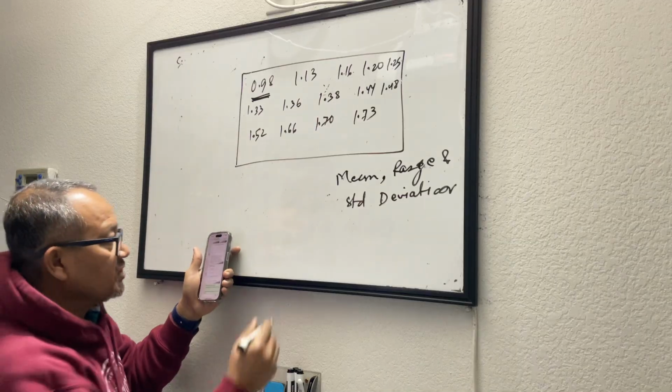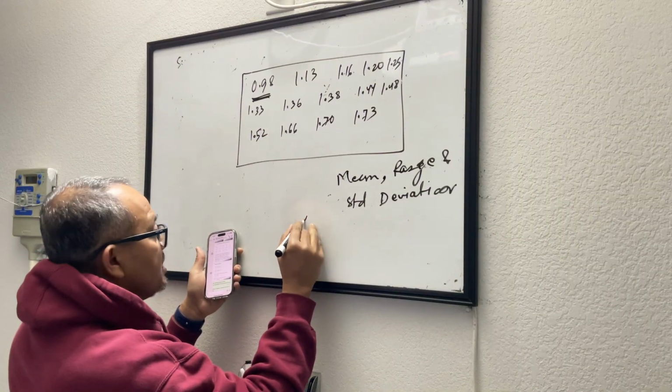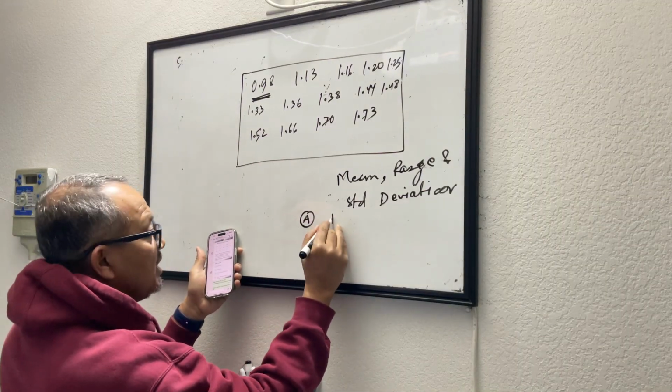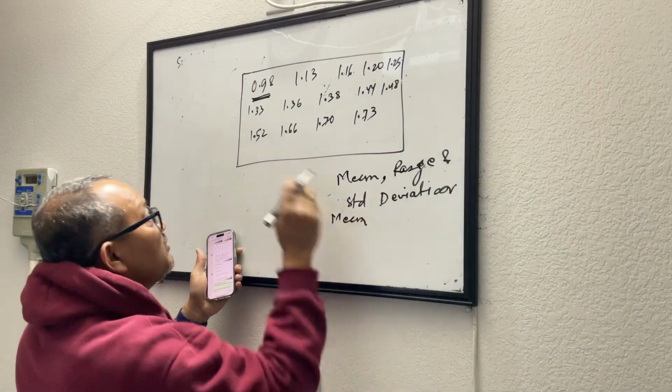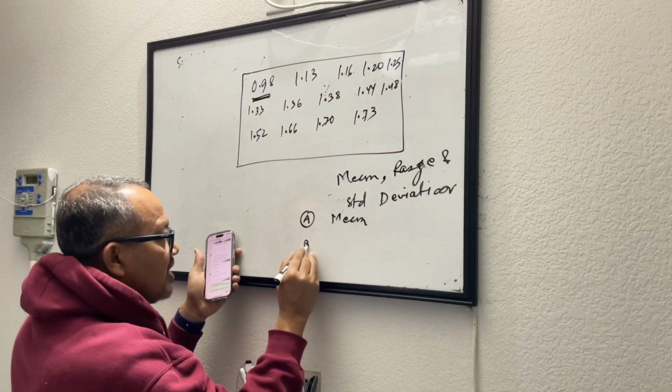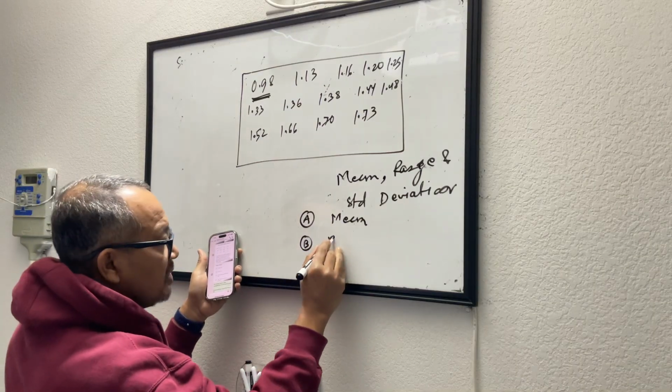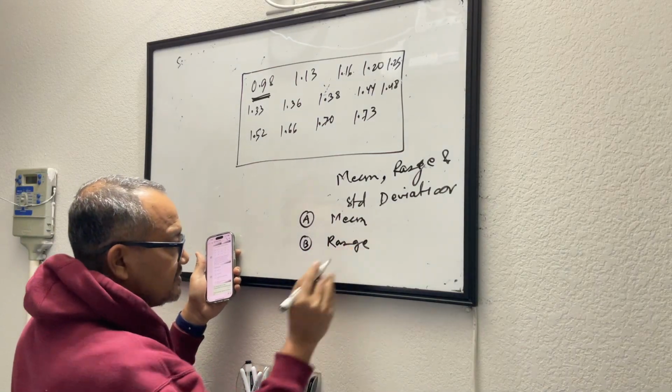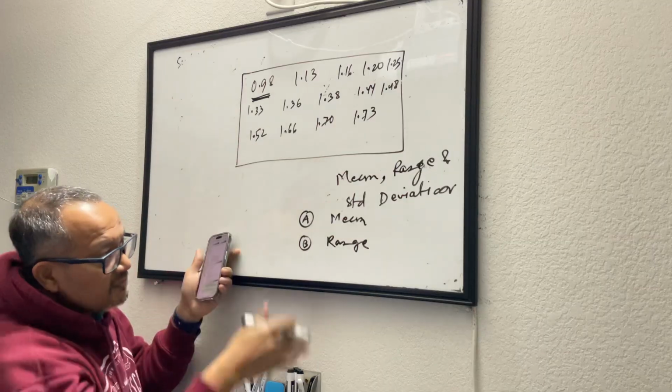And then the options you have: option A says only mean will decrease. If you take 0.98 out from this data, only mean will decrease. Option B says only range will decrease. So we have to find out which all will decrease, okay?